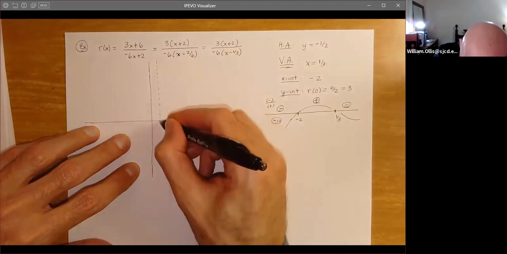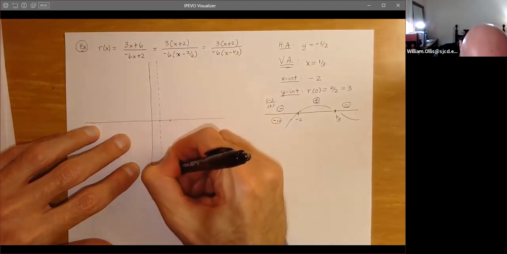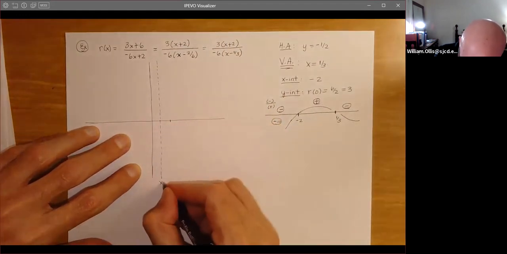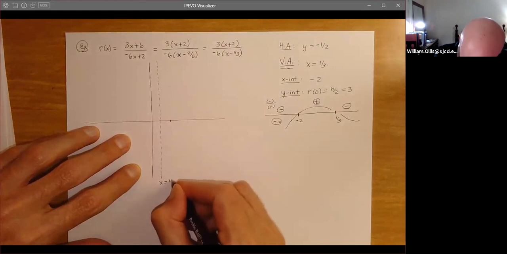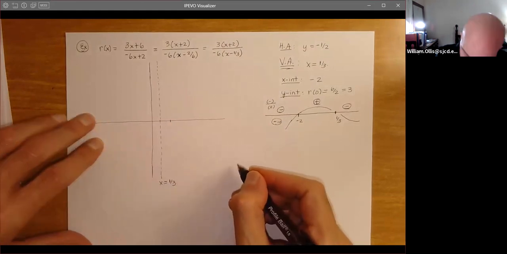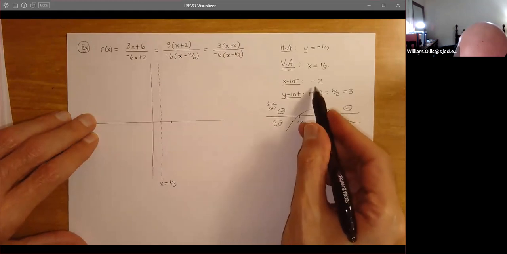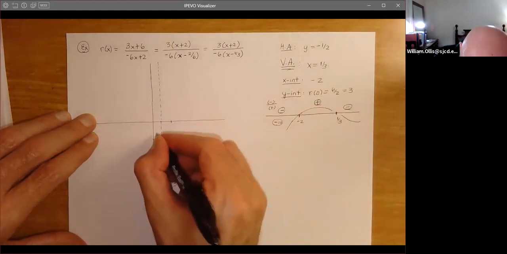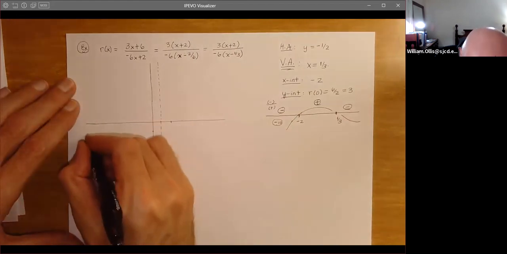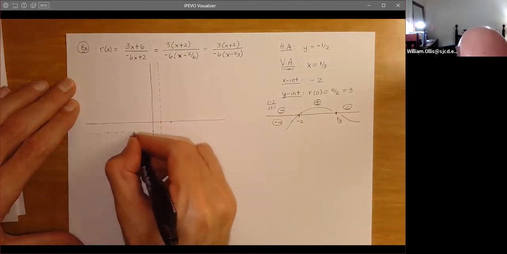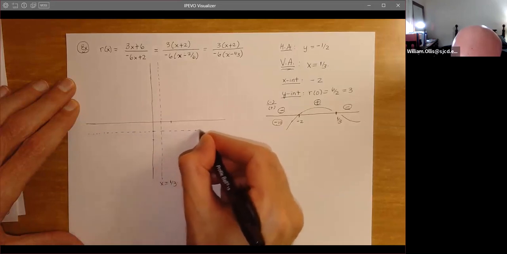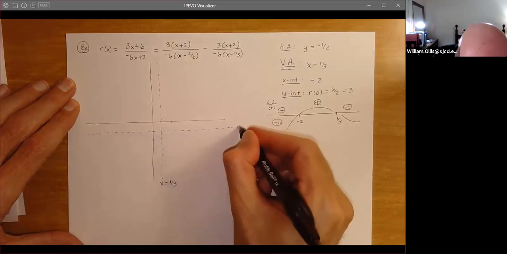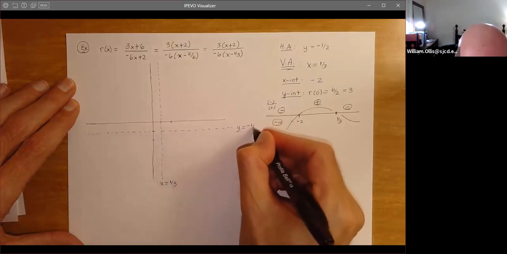And we can dot the asymptotes. We can never cross a vertical asymptote, but horizontal asymptotes, it is possible to cross a horizontal. And then of course, for the horizontal, we've got -1/2. So we'll do the 1 here. So about right here. So we have y equals -1/2.